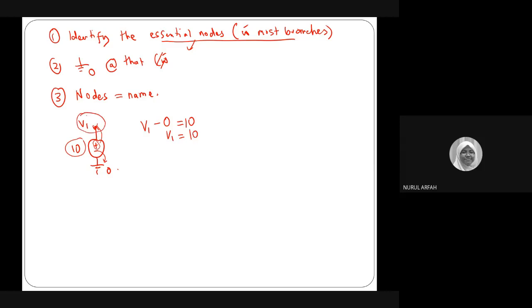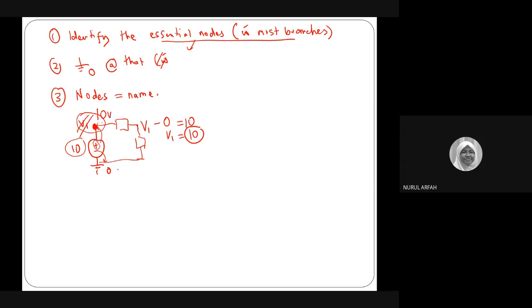For this type of element with a voltage source attached, you do not need to name it as an unknown. You name it as 10. So here you replace V1 with 10 volt.